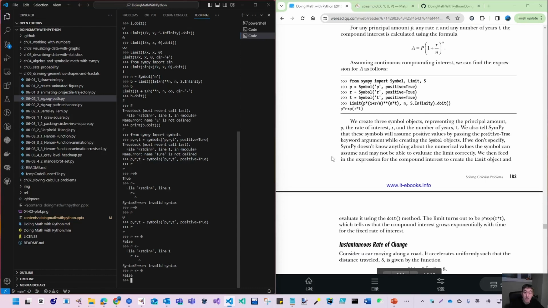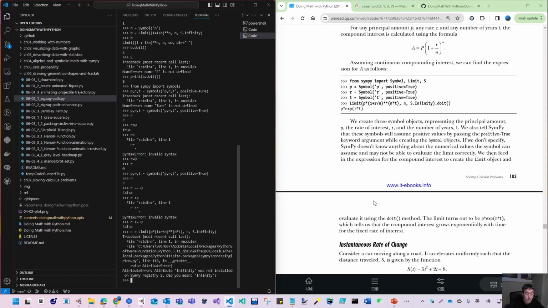Then let's make our expression, which is getting complex. So C is the limit of P times (1 plus r divided by n) to the power n times t. Just ensure you type this correctly. The variable is still n, going to positive infinity. Oh, what's the arrow?